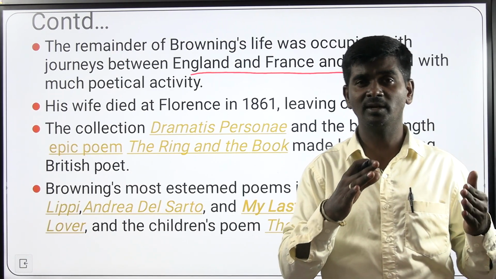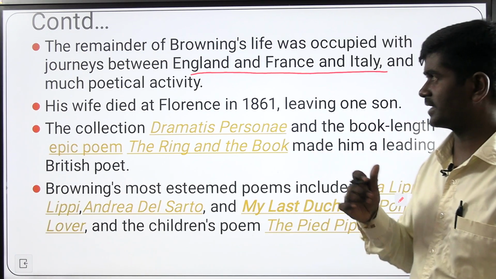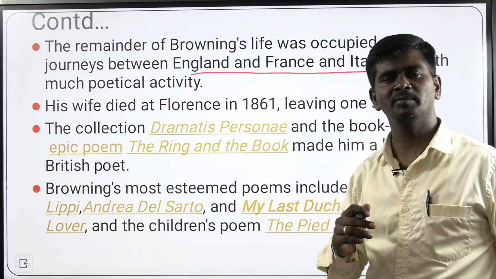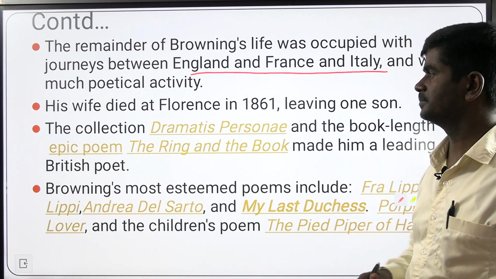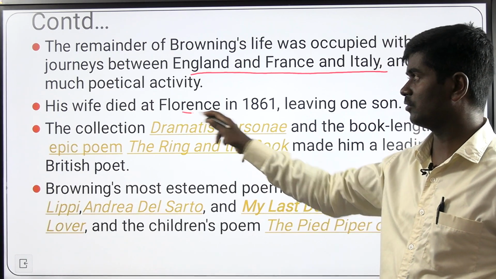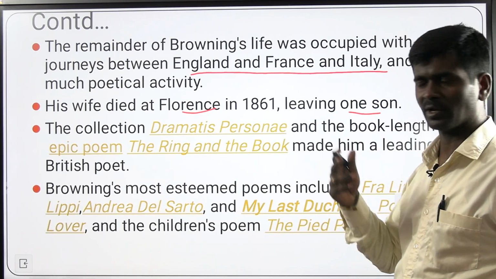That is possible only in London. Hence he used to come in secret, and he kept Elizabeth Barrett Browning in Italy till her death, because she died in Florence. See, his wife died at Florence. Okay, next, by leaving one son named Robert Browning.